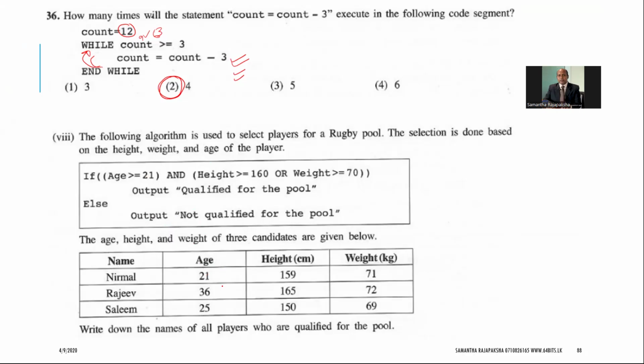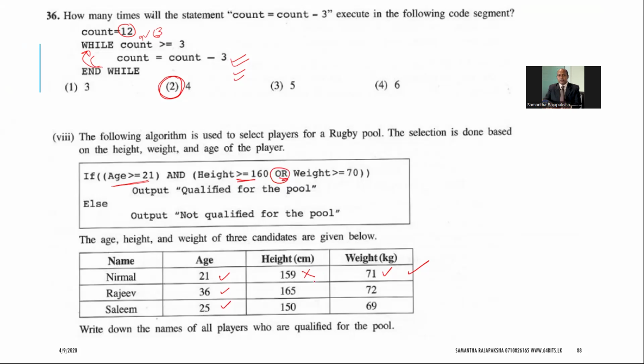Therefore, all three are okay based on the age, because age is satisfied. Age is larger than or equal to 25. Then the other condition, either height or weight. Now you can see this one, height is not satisfied, but weight is satisfied. Then it is okay, because it is an OR operation.